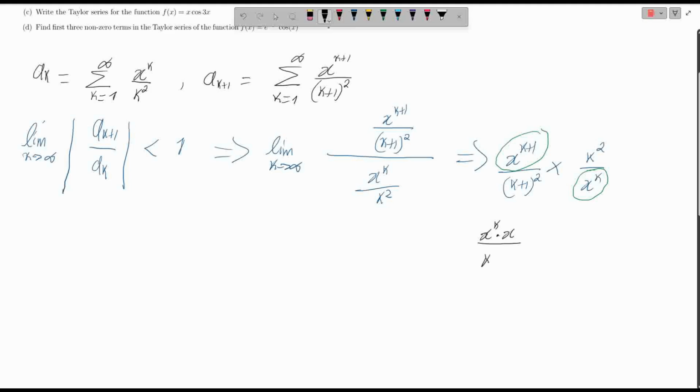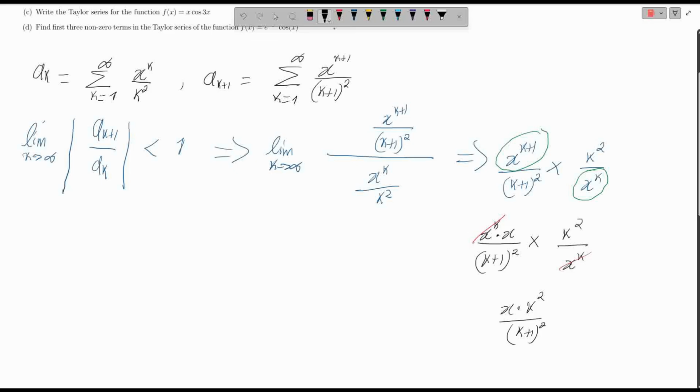And in the denominator we can simply have (k plus 1) all squared, now multiplied by k squared divided by x raised to the power k. So this x raised to the power k can cancel out since it's the same term in the numerator and the denominator, and we'll simply be left with x multiplied by k squared divided by (k plus 1) all squared. What do we notice?